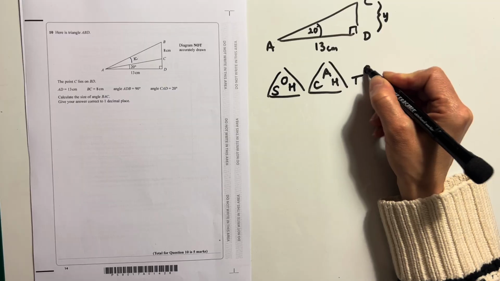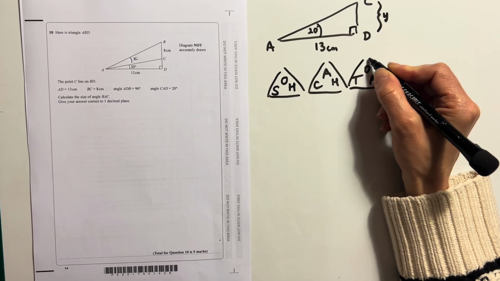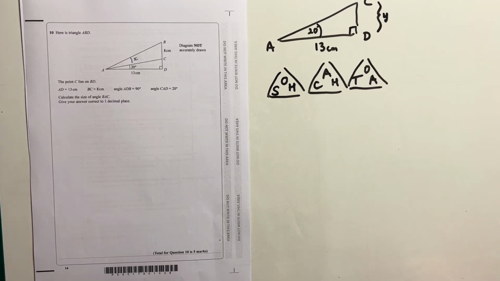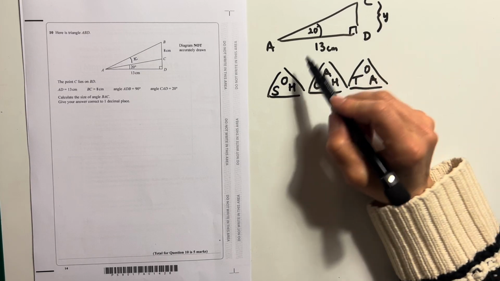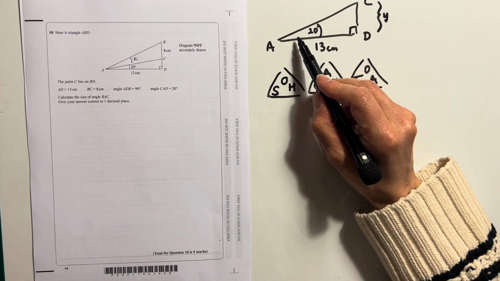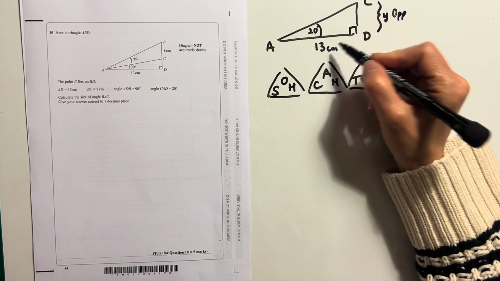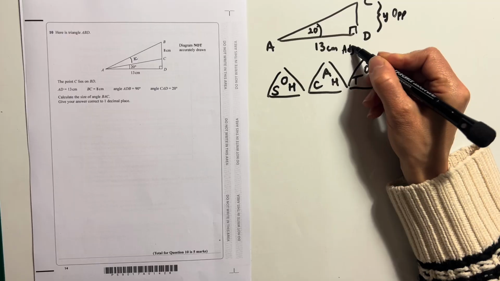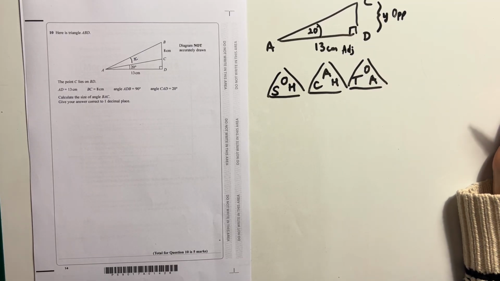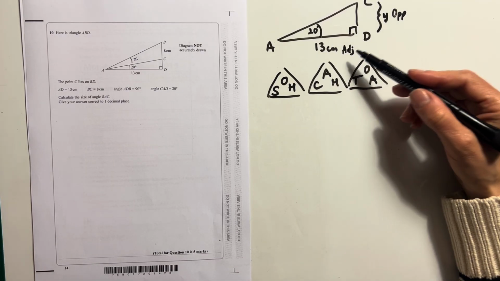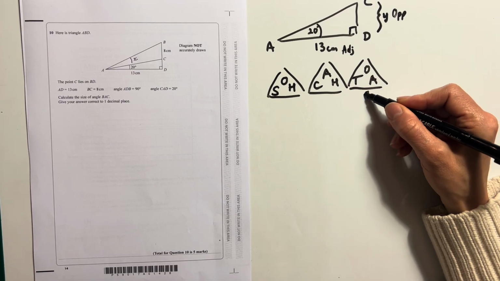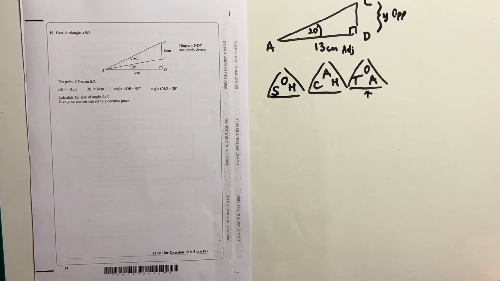Tower, and we can work out which formula triangle we want to use by looking at what sides we have. First of all, we've got the side that's opposite the angle, and we've also got the side that's adjacent to the angle. So we're looking for the formula triangle that contains the opposite and the adjacent. So we're looking at Tower.